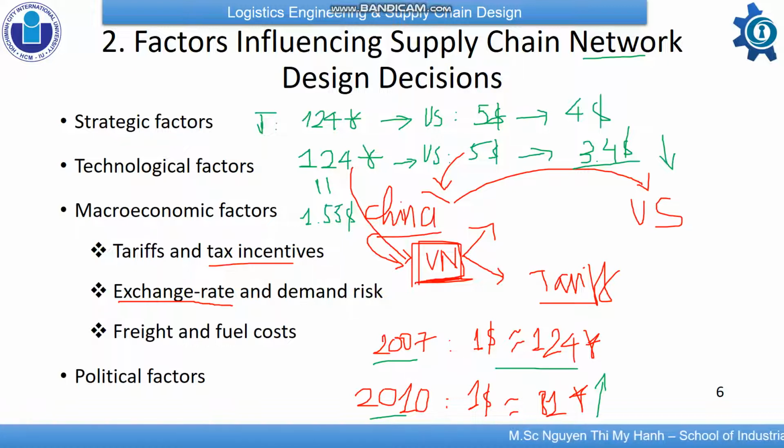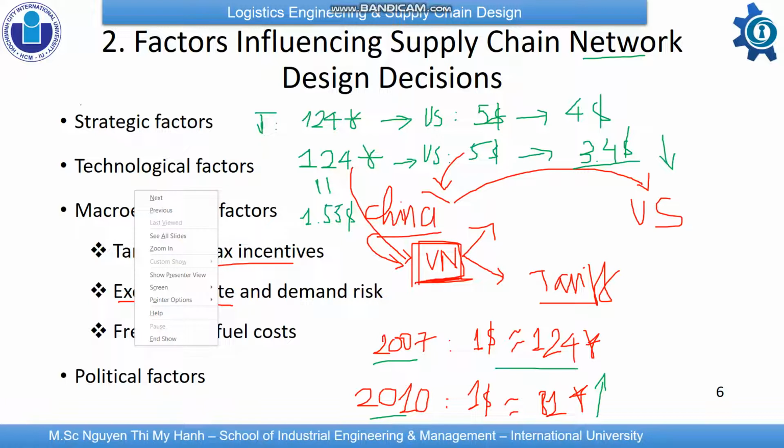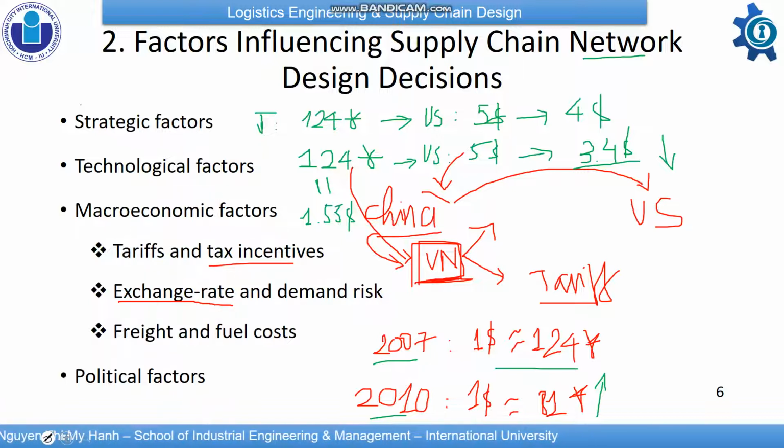Okay, and the next factors are the freight and fuel cost.